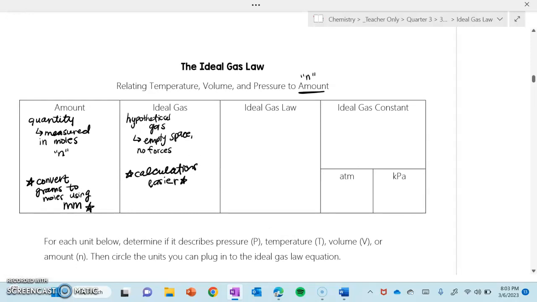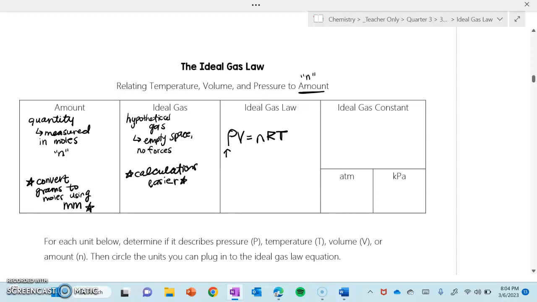So for our ideal gas law, we are going to be relating pressure, volume, temperature, and amount in a single equation. And that equation is PV, looks like Boyle's law, equals nRT. There's amount, n, R, which is a constant that relates all of the variables together, and T. We'll talk about R in just a second in this last box.